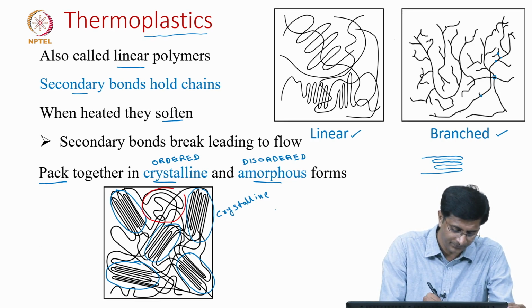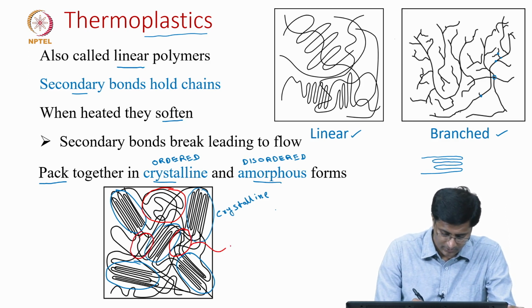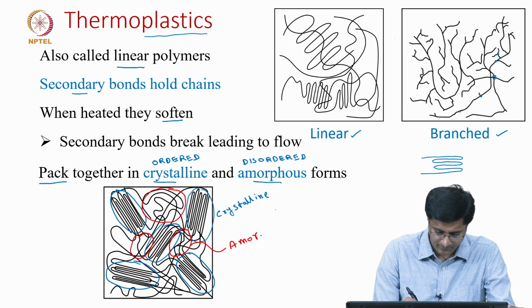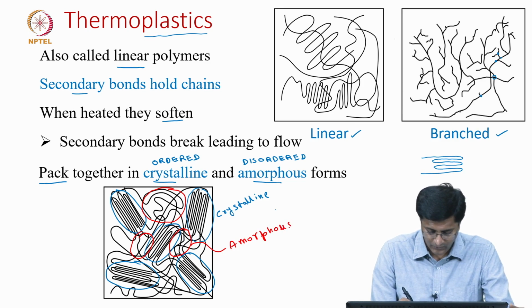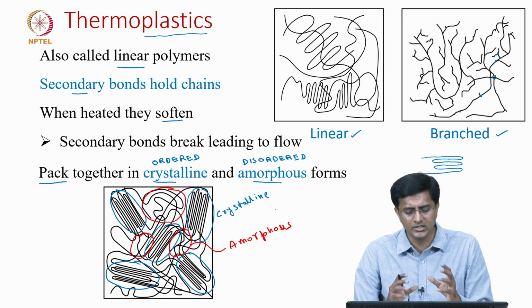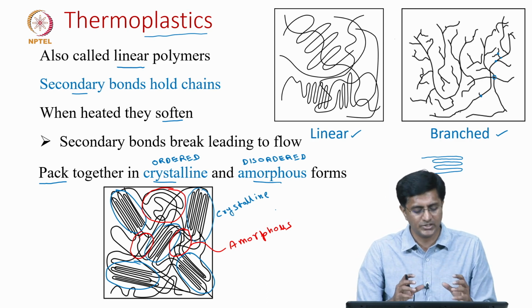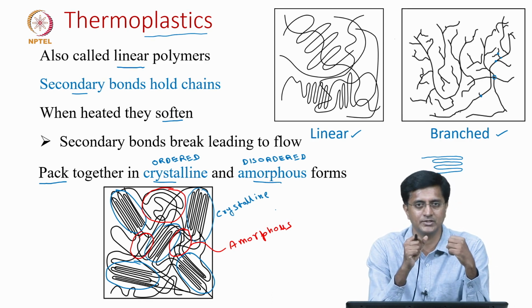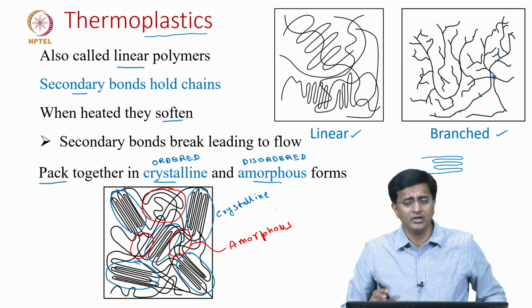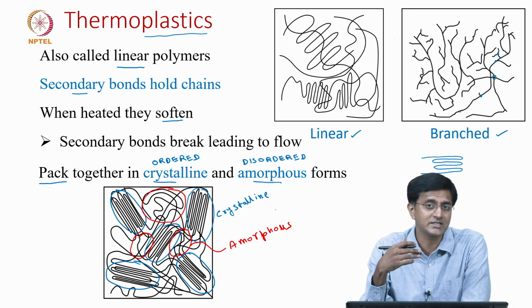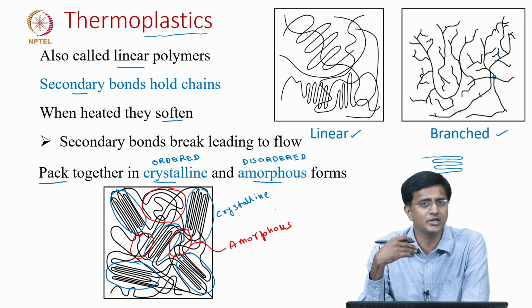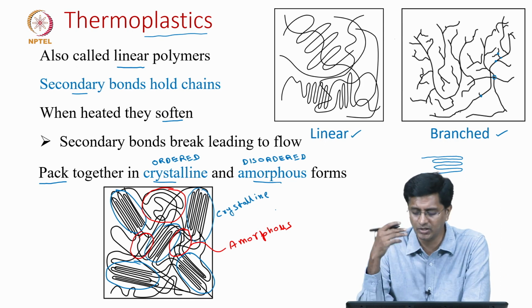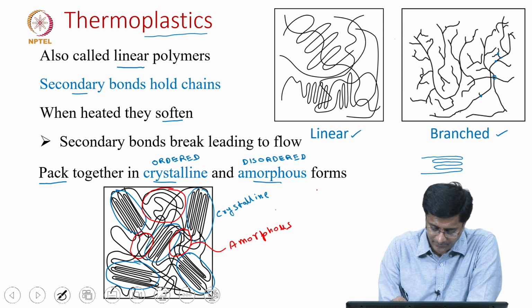Let us say this is an amorphous region between them. What we mean by amorphous region is these disordered polymer chains that we have between these crystalline regions. So, in general, whenever we say that there is crystallinity in polymers, it is not as though they are 100% crystalline. Usually they are only partially crystalline.